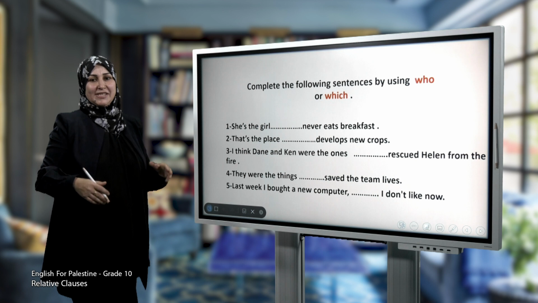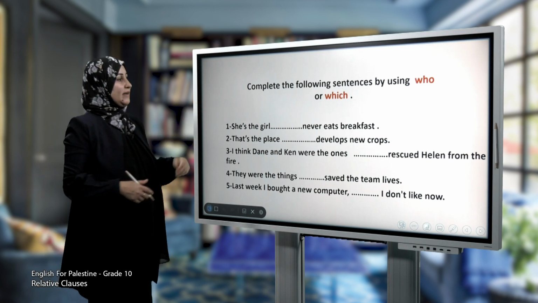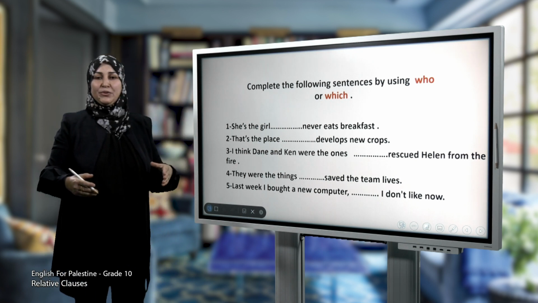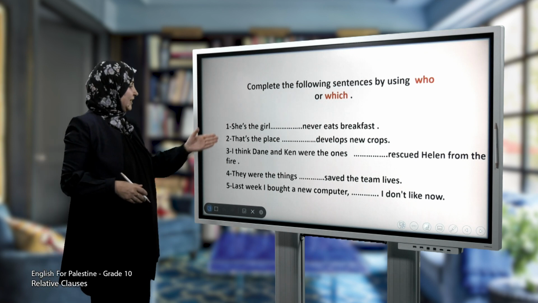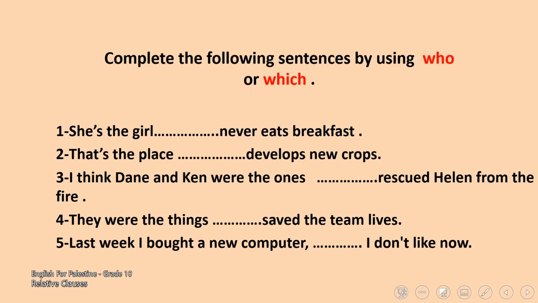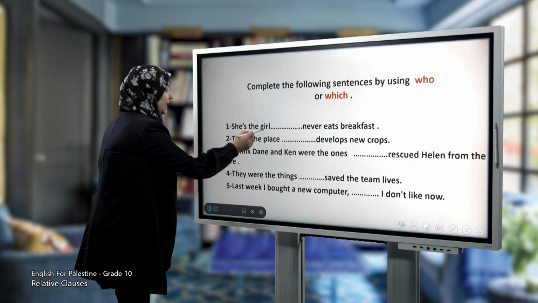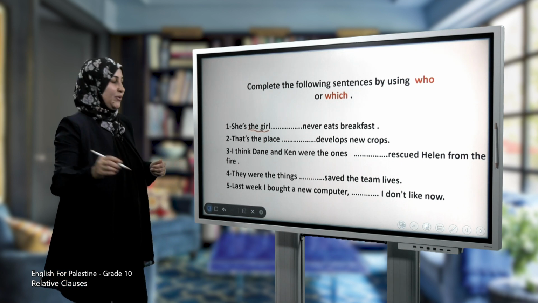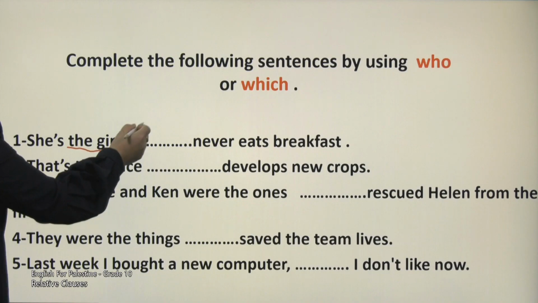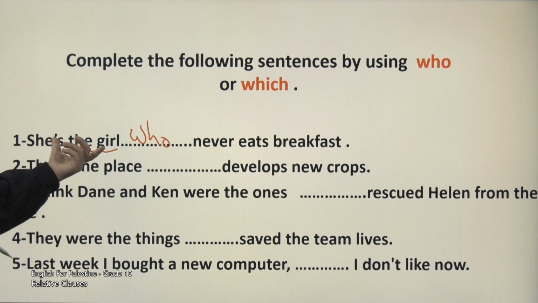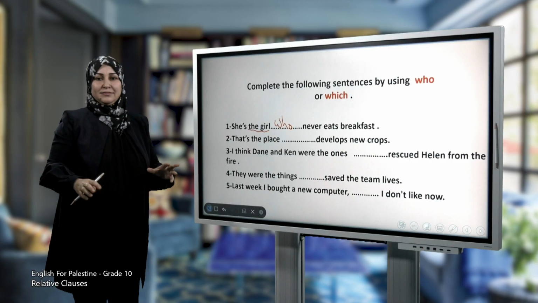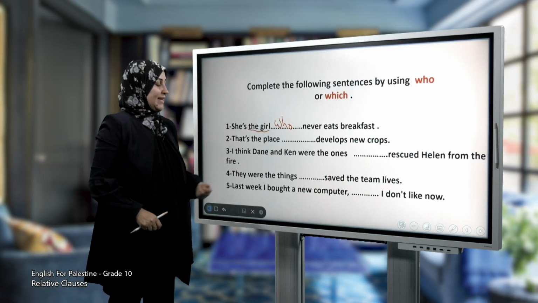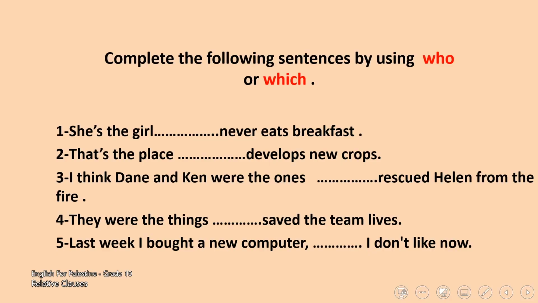Now let's do this exercise together. Complete the following sentences by using who or which. Number 1: she is the girl who never eats breakfast. Here we are talking about the girl, so we use who. Excellent, because we are talking about a person. Number 2: that is the place which develops new crops.